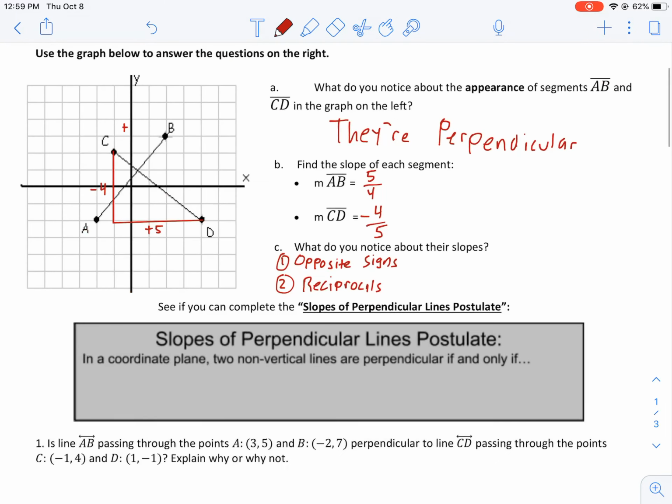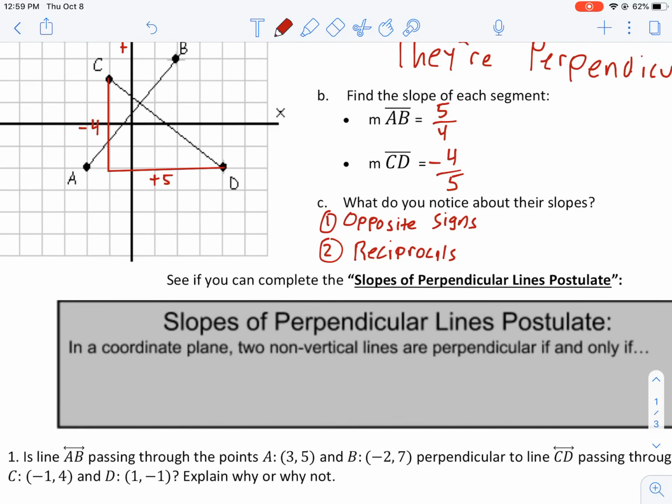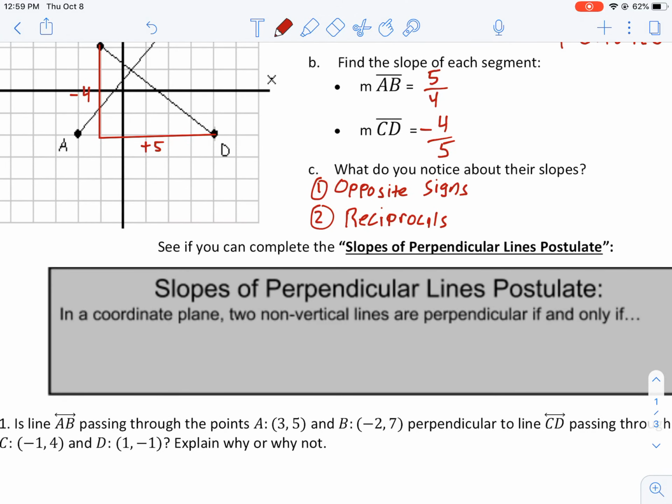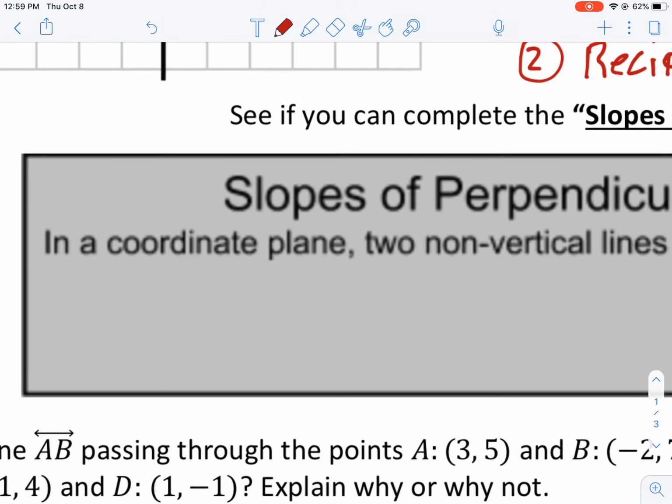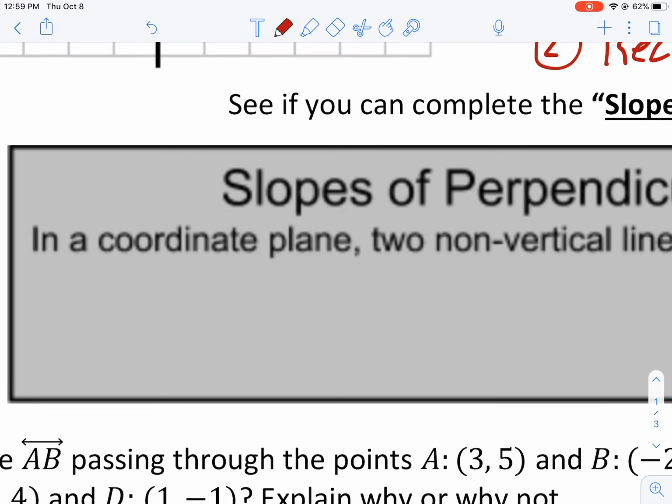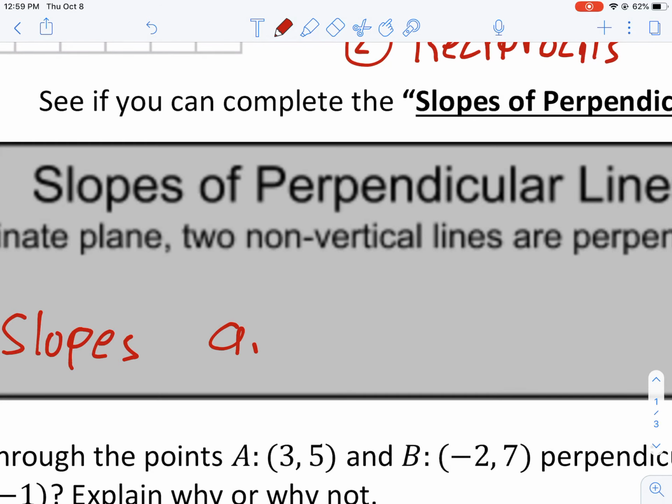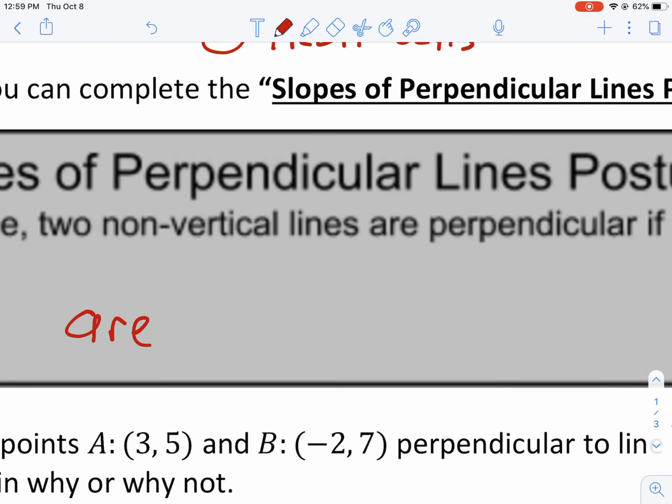All right, so just like yesterday, we kind of learned that parallel lines were the same. Perpendicular lines is a little bit more involved, okay? Two lines are perpendicular if and only if their slopes are opposite reciprocals, is what we call that.